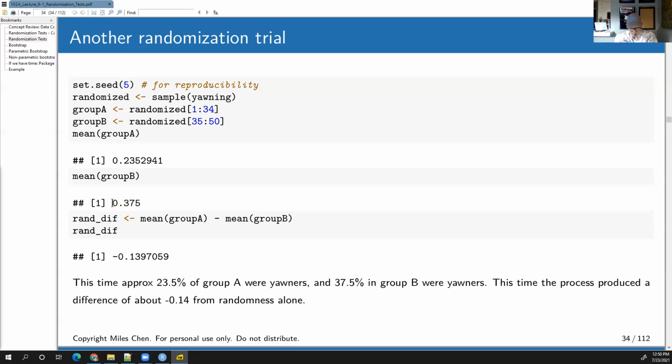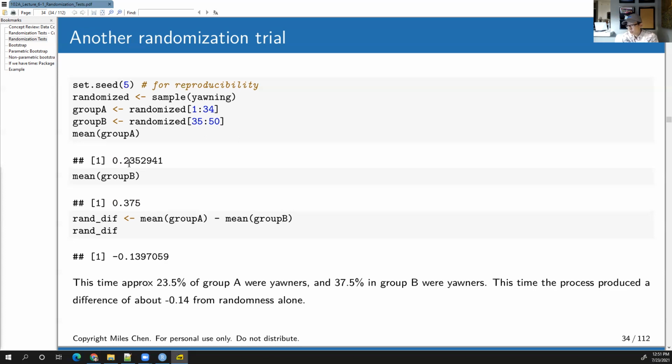So group B must have had 6 people, because we put 16 into group B. Out of the 50 people in our group, 14 of them are destined to yawn. 6 of them ended up in group B, which means the remaining 8 out of 34 ends up in group A. So 8 out of 34 is indeed 0.235.